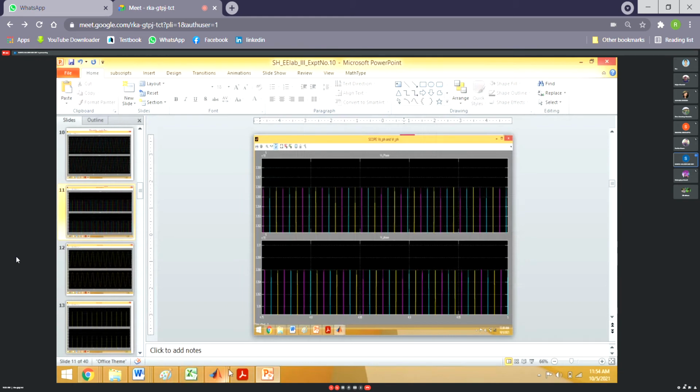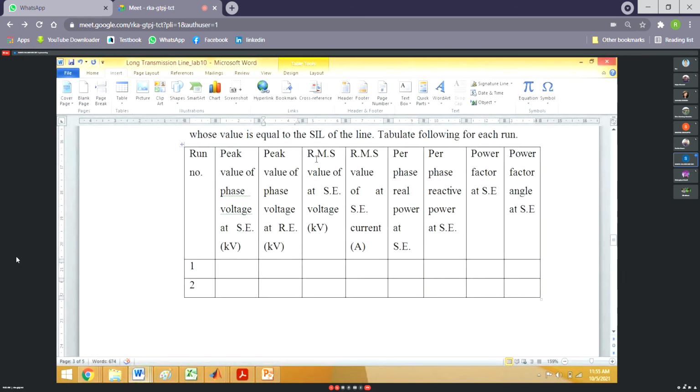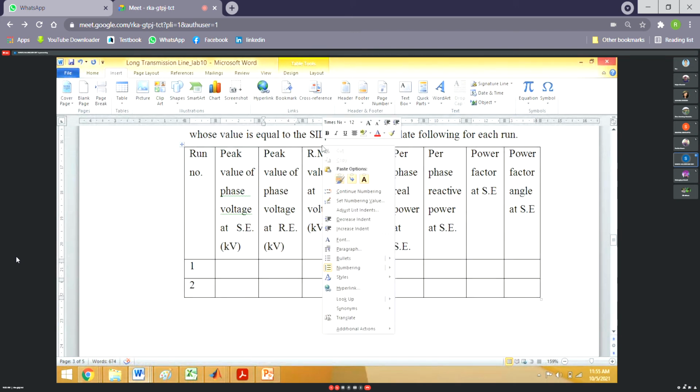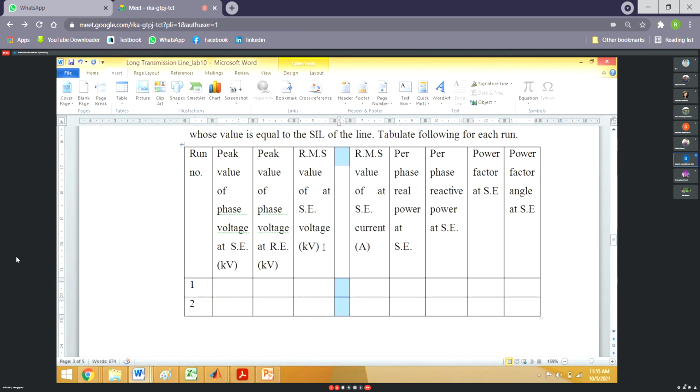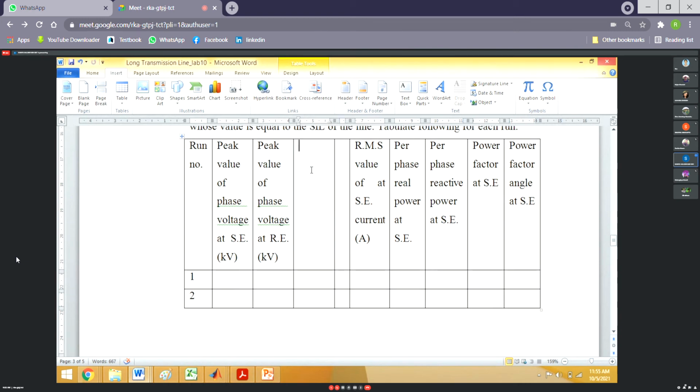Next is the RMS. What was the next table? You insert one more thing here, or at last in your table you insert the peak value of sending and receiving end current also.